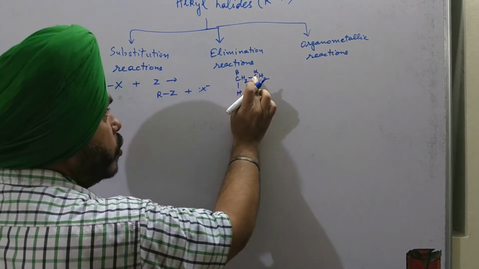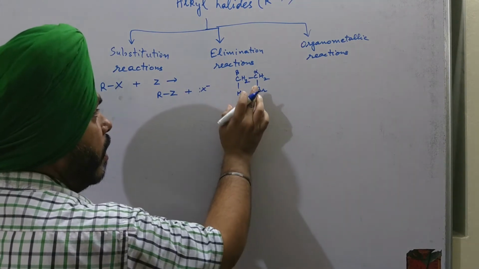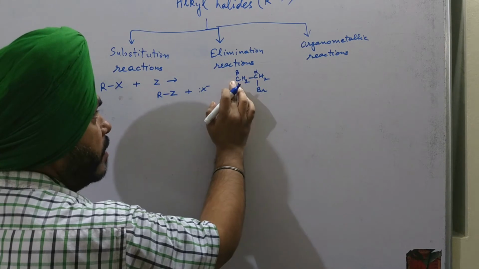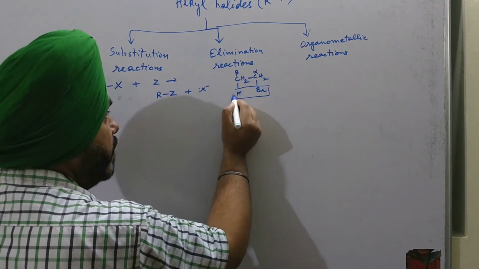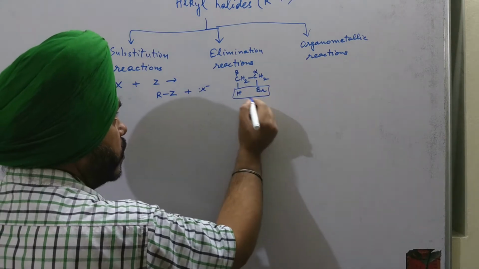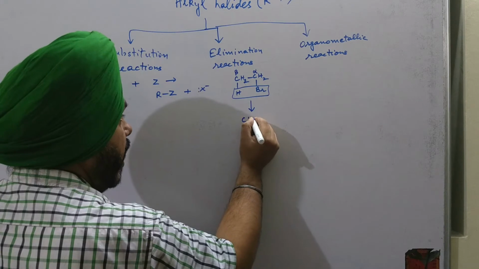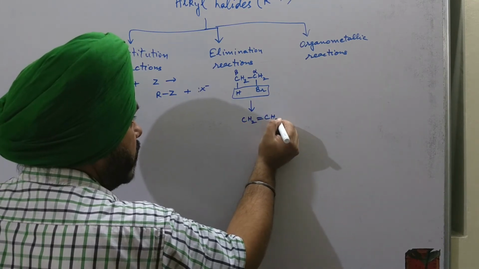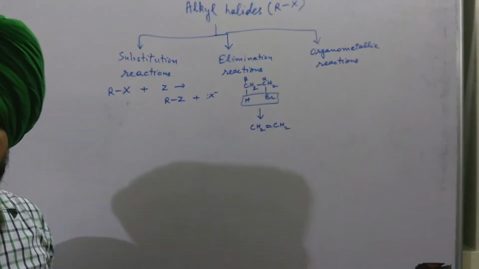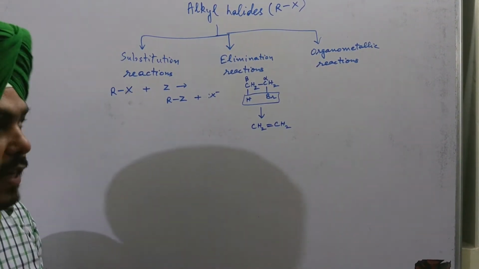The carbon atom to which the halogen is attached is called the alpha carbon, and the neighboring carbon atom is labeled beta. So hydrogen and bromine eliminate from the two adjacent carbon atoms to give us the unsaturated hydrocarbon. In this case, it gives us an alkene. This kind of reaction is also characteristic of alkyl halides.